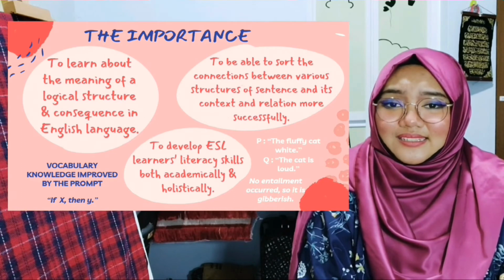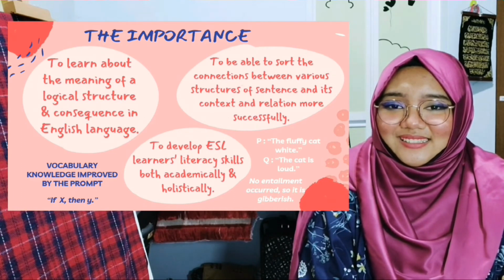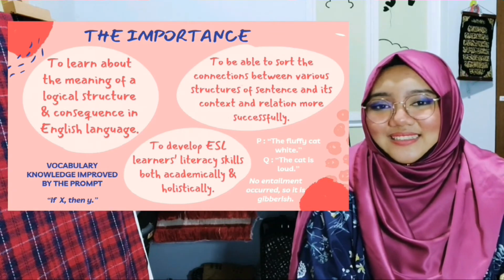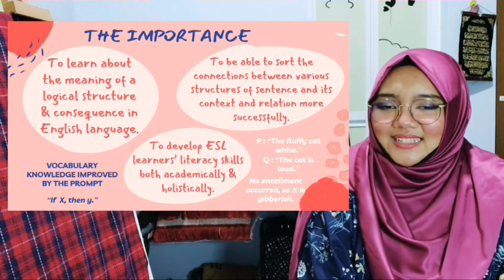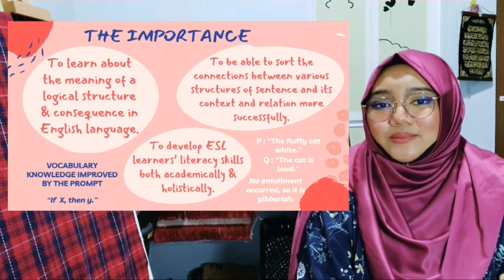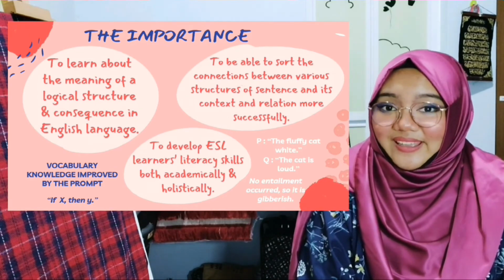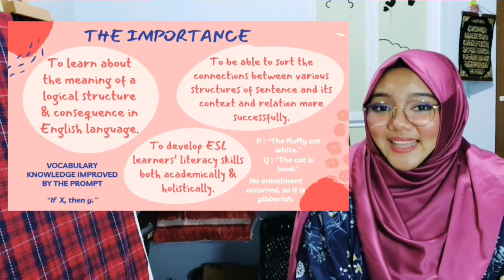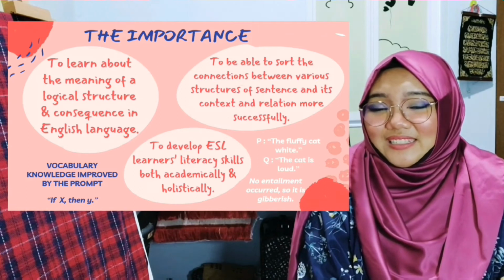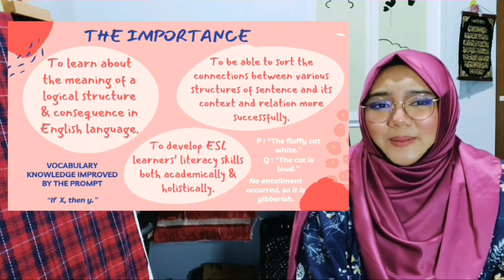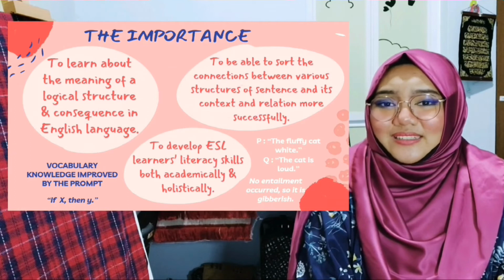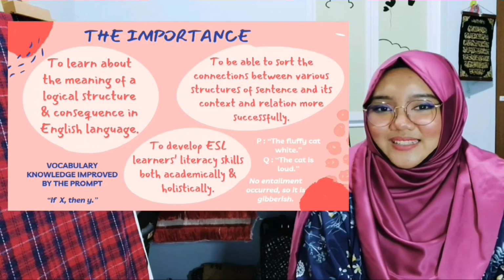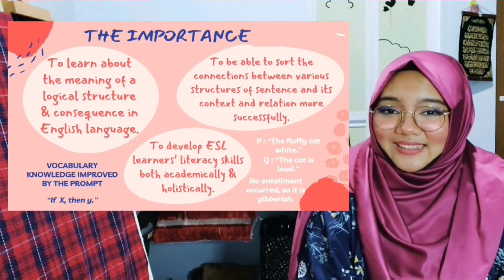And the next sentence, the princess is dead. So from this example, ESL learners can understand that the word murdered itself entails that the princess is dead, since murdered ends with the person dying.